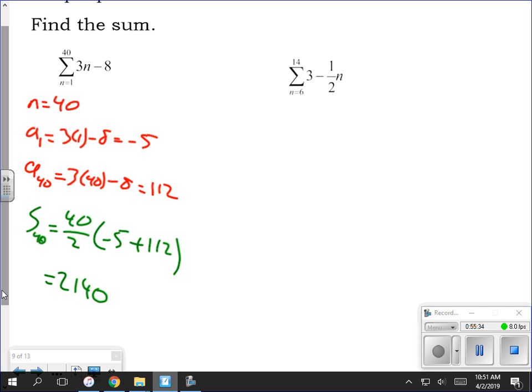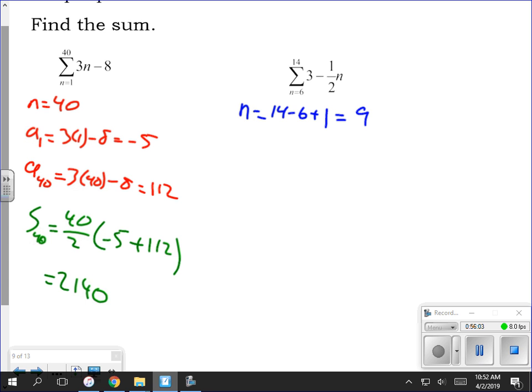So how many am I adding together? We did this a minute ago. The number of terms we're adding together is the top minus the bottom plus 1. 14 minus 6 is 8 plus 1 is 9. We're adding together 9 terms, going from the 6th term to the 14th term.